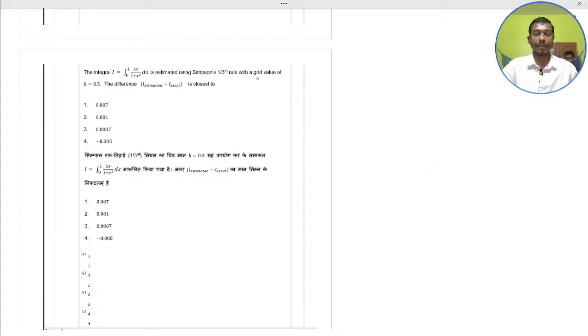Grid value means the strip length 0.5. The difference I estimated minus I exact is closest to what? This is a question coming from numerical analysis, Simpson's rule, mathematical physics.